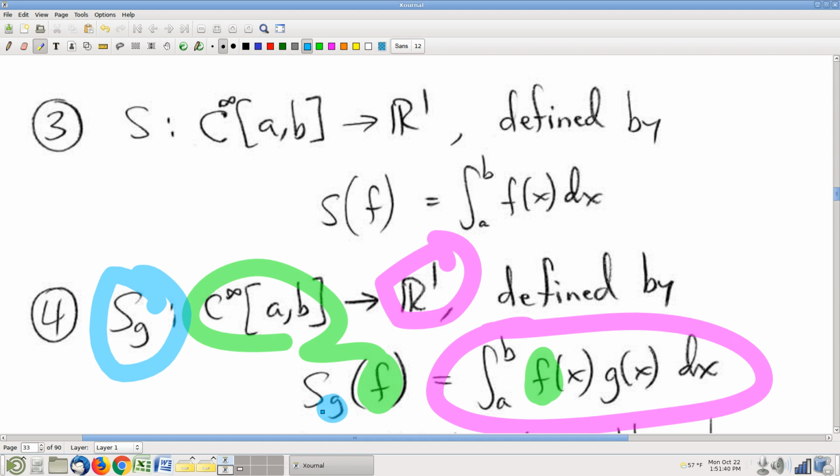What you do to the function f is you take your f, you multiply by g, and then you do an integral of the product. That's a linear transformation, unexpectedly. Again, at a glance, it doesn't feel like it, but it's about to work. So this one I'm going to actually do for us. So let me give myself some space here, and we'll crank this one out.